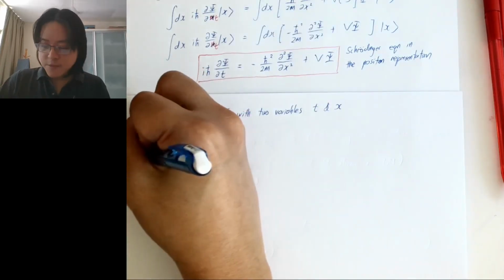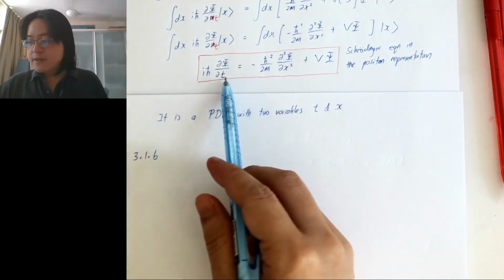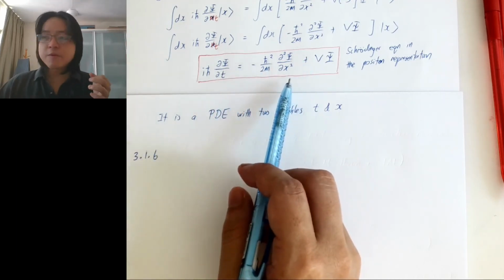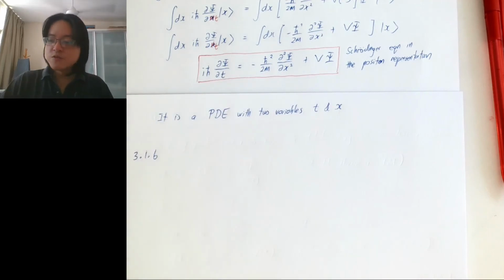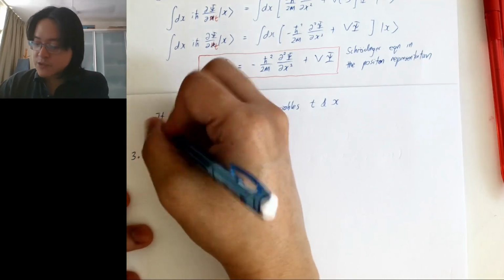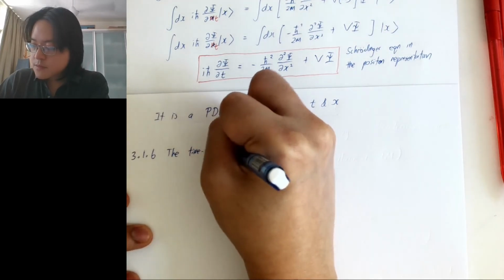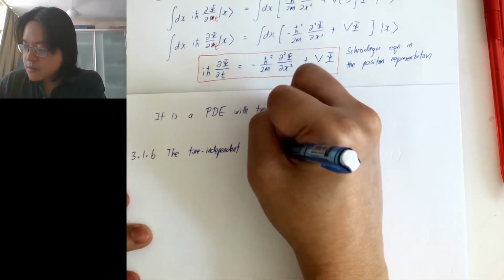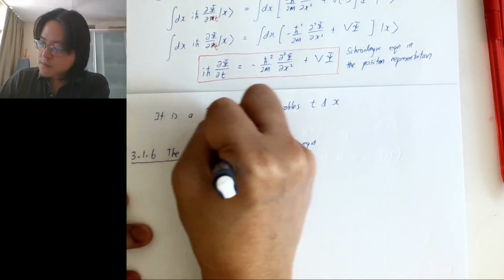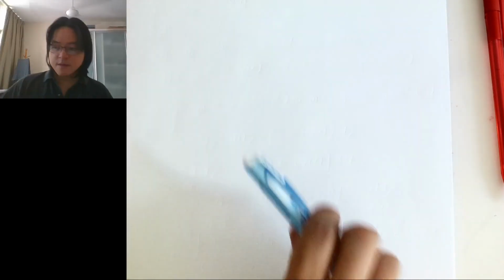But we can simplify this equation a little bit. Our strategy is to separate this out into an equation for x only and an equation for t only. This will bring us to the time independent Schrödinger equation. This is our next step.